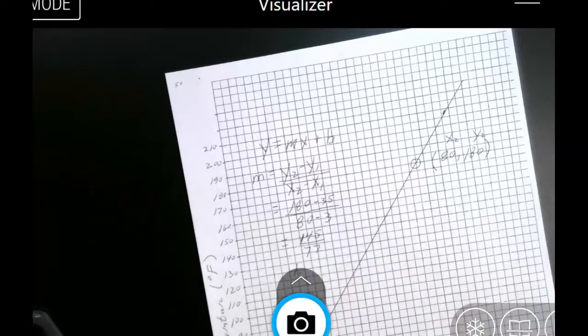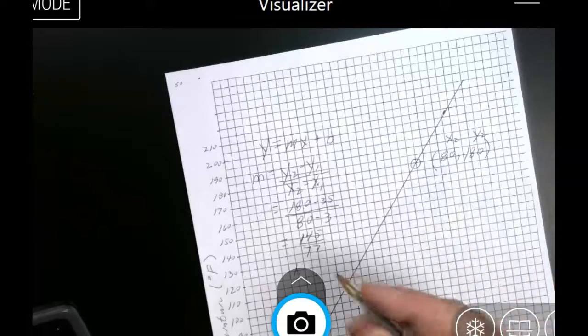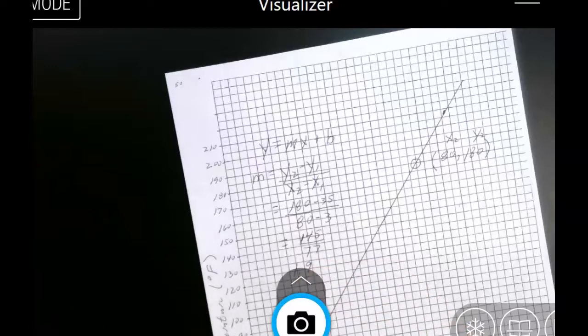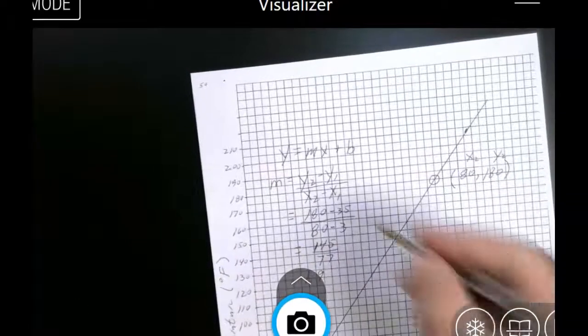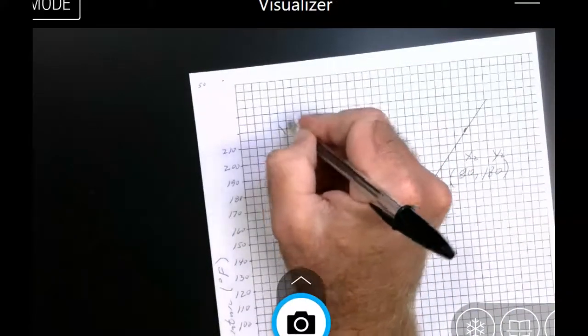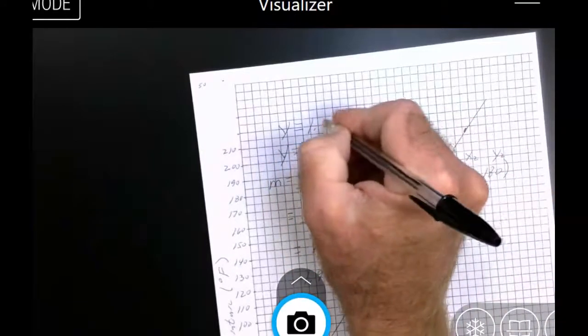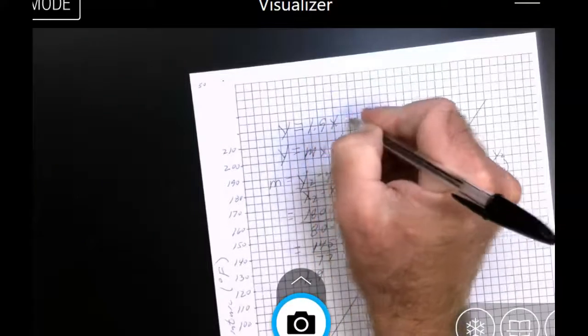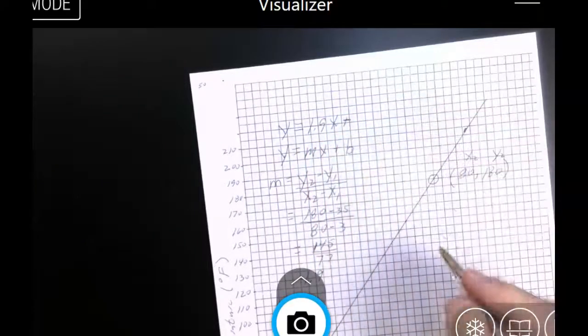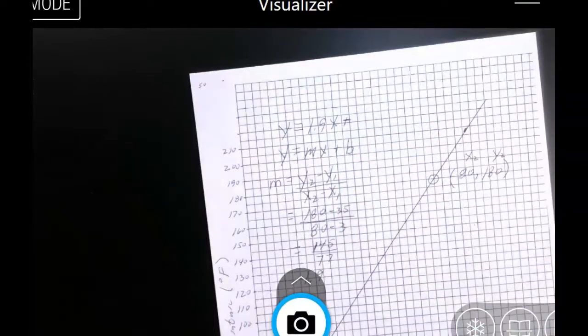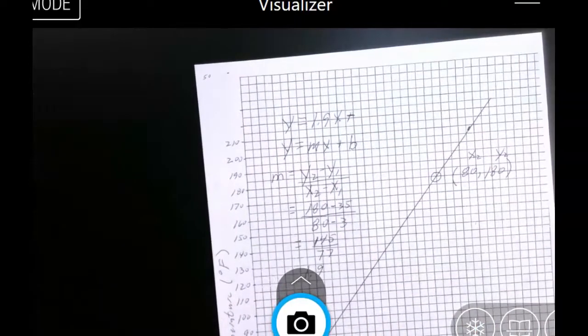So I've got to figure out how many significant figures I want to keep. Given the precision of my graph, I'm going to keep just 2 significant figures. I'm going to say 1.9. So now I have the value for m. So I have y equals 1.9x plus b. Now, if you remember from algebra class, b is the y-intercept.